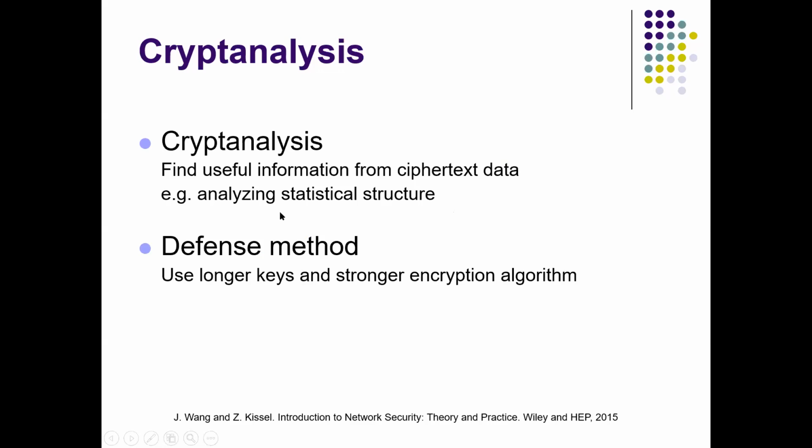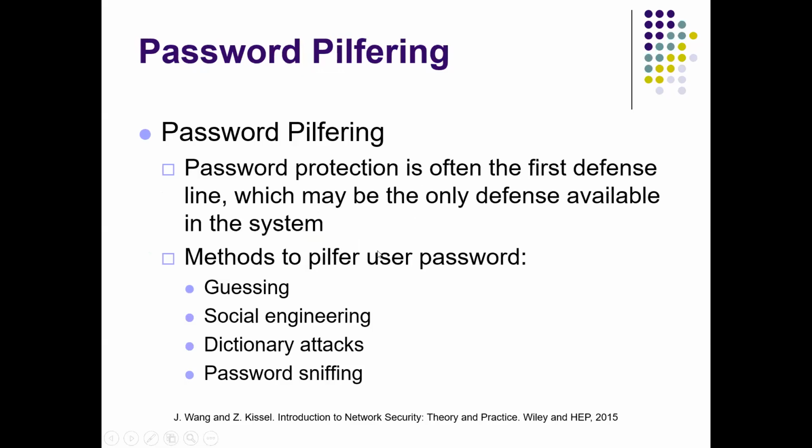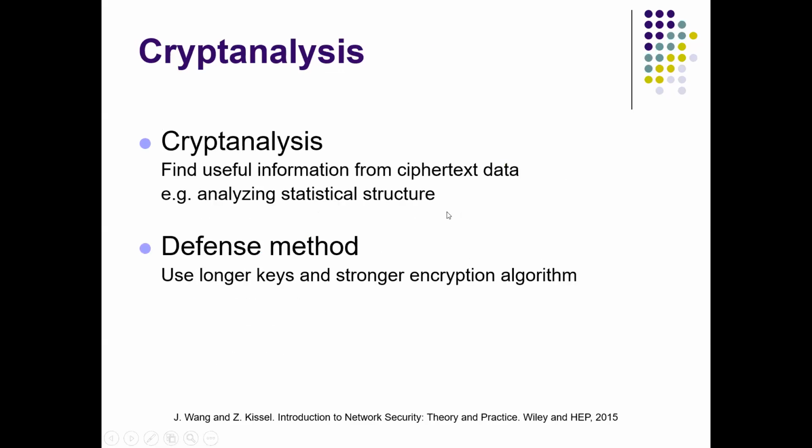For instance, one analysis would be to find out if the encrypted data has any statistical structure, because that statistical structure may reflect the same structure of the original plain text. Hence, a mapping could be made.